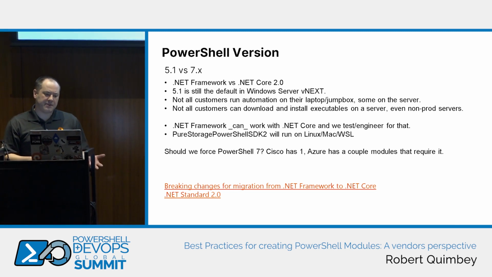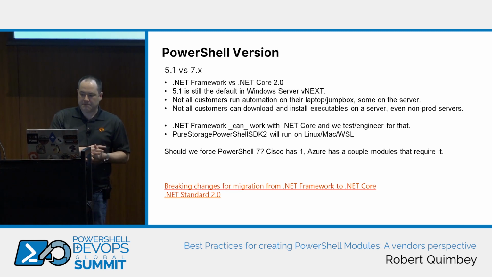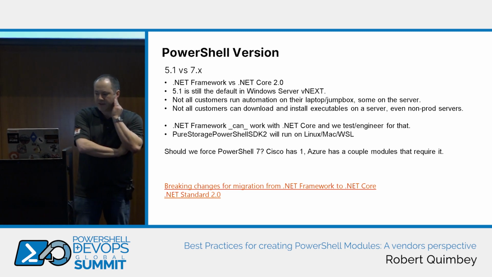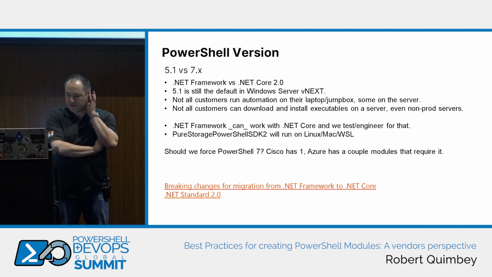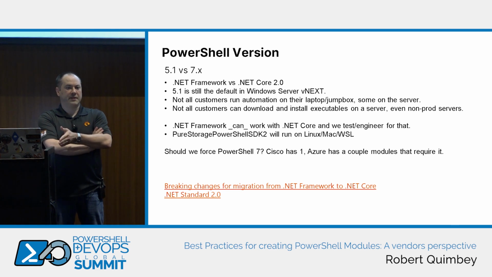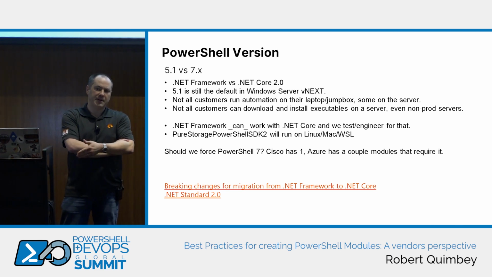One of the things that we found is that PowerShell 5.1 is still the default and only version in the next version of Windows. I just had a chat with the Microsoft PowerShell folks for half an hour right before this, and they have a different long-term support agreement for what's going on in the open source world versus what's going on in Windows.